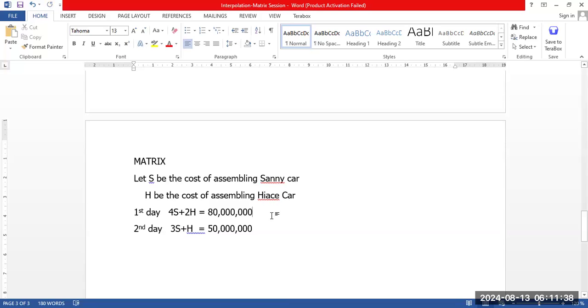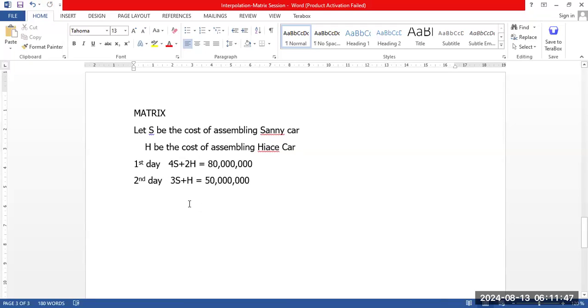But we are using matrix method to solve these equations. If they didn't specify, you can use any method. You can use elimination method to get H and S. But here they have specified you use matrix method. So using matrix method, you need to first create this in matrix form.